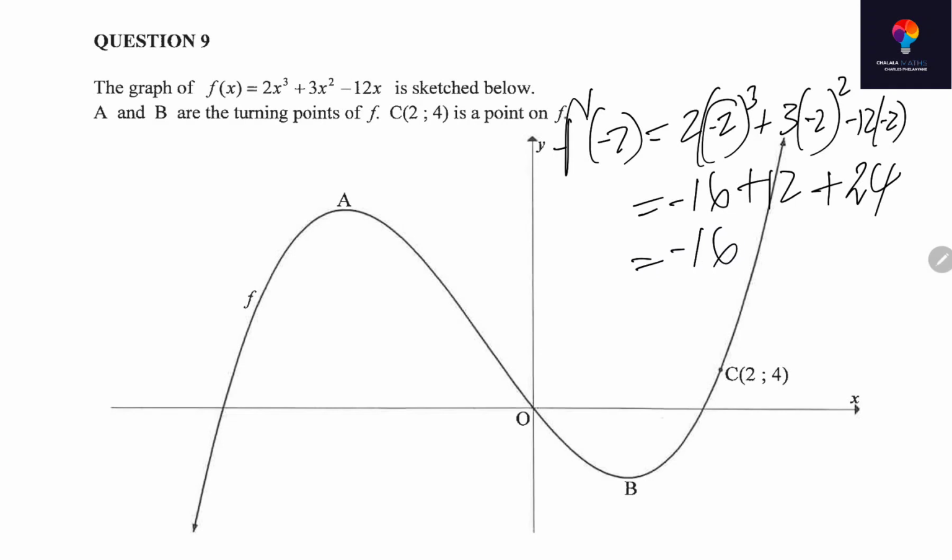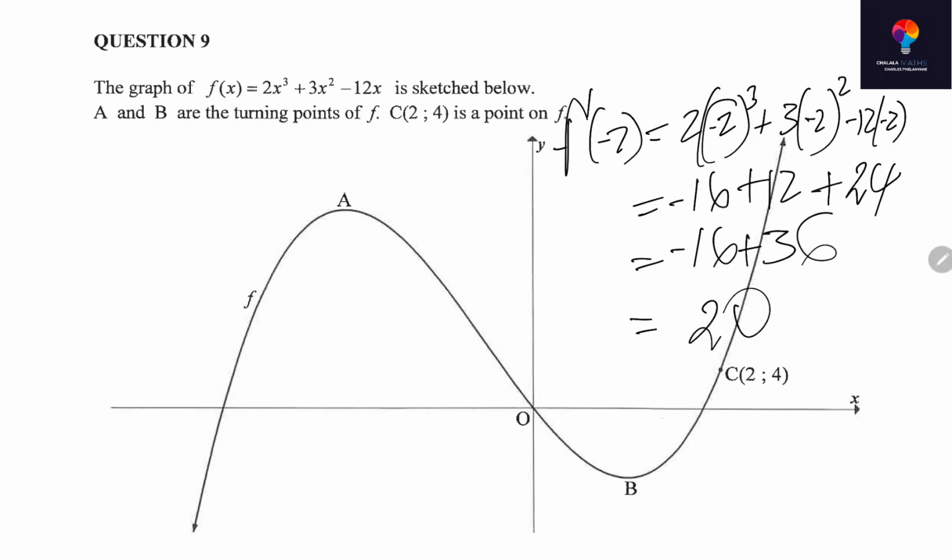Therefore, minus 16. When we go step by step, of course, it's going to give us plus 36. Minus 16 plus 36 is different signs. We subtract, we take the sign of the bigger number, and it's going to give us 20. You understand?